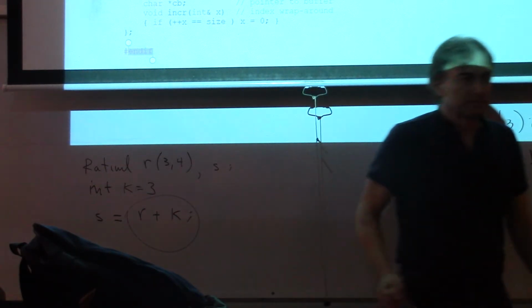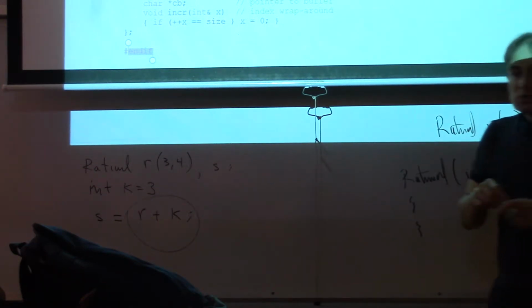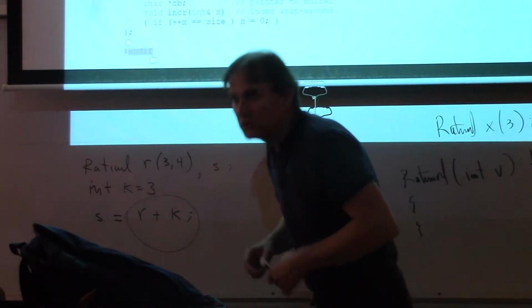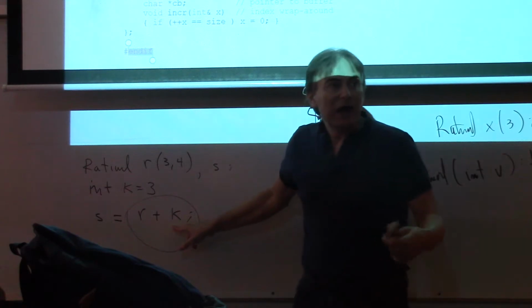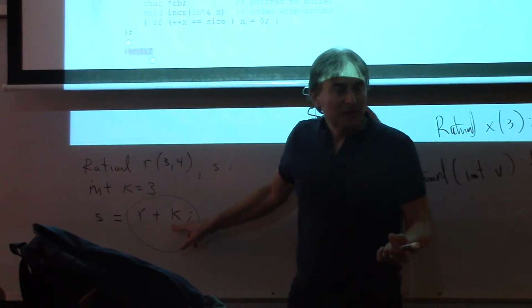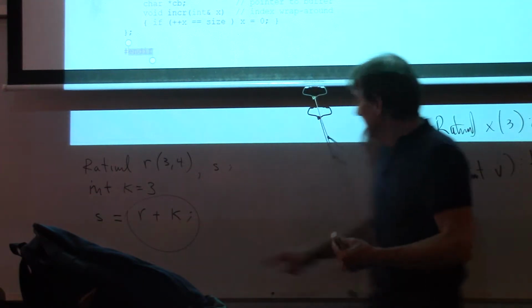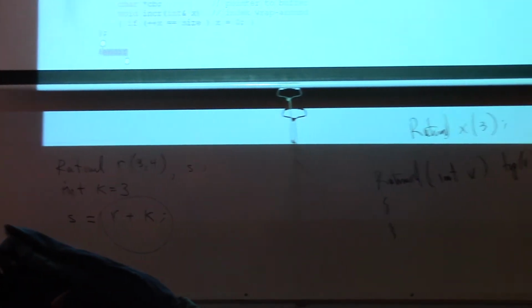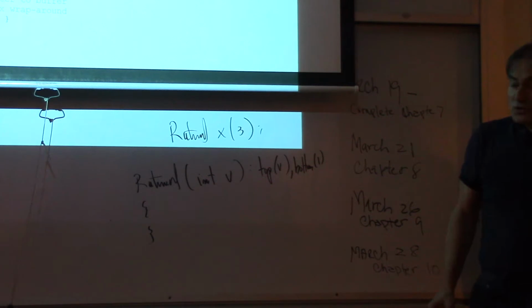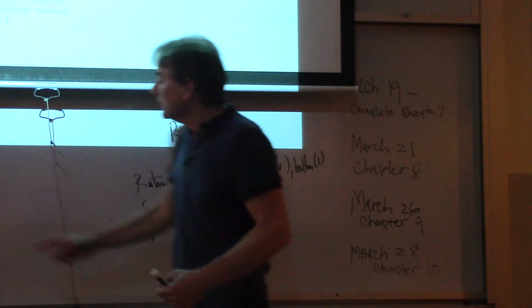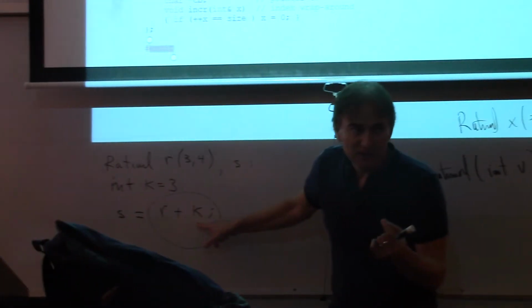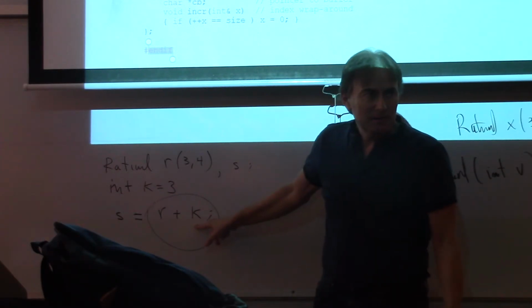It doesn't find one. So it looks for the next best match. And the next best match is, do I know how to build a rational out of an int? And if you have this constructor, the answer is yes, you do. So therefore, what the compiler will do, it will implicitly, what does that mean, implicitly?